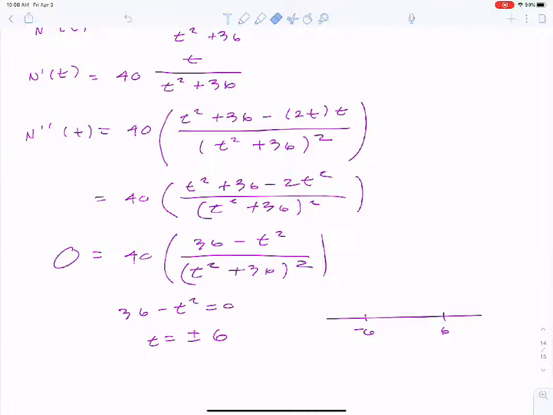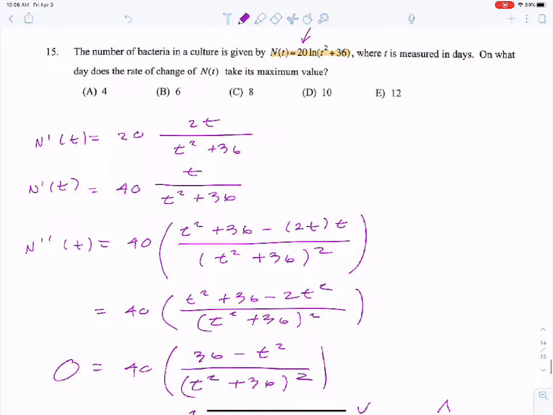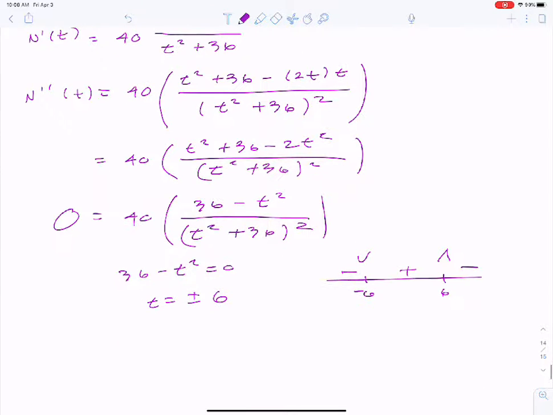The denominator is always positive, so the only thing that matters is the numerator. So if I have like -7, that's going to be negative. So it looks like it's going to go negative, positive, negative, which means I'm going to have a minimum here and a maximum there. Okay? And did they ask for what the maximum value was? On what day? Nope. So it'd be on day 6.